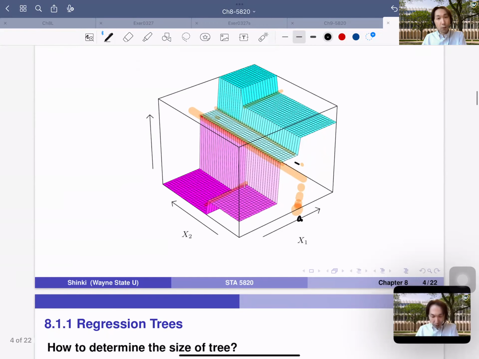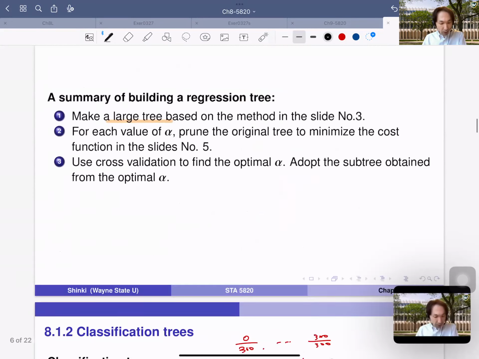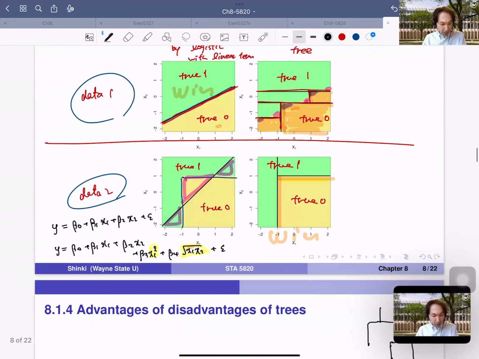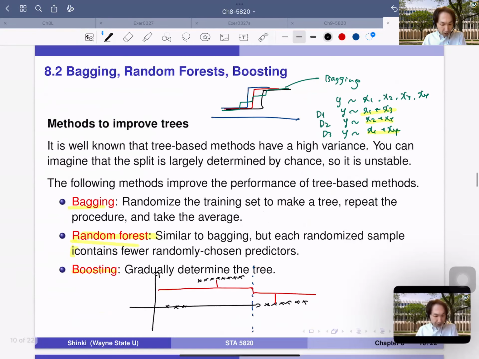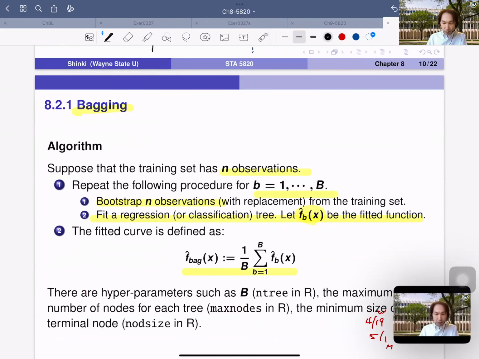We would like to have a smoother curve, with more gradual steps. So that is the idea of random forests or bagging. Bagging: basically we make a regression tree multiple times and take the average. Of course, if we use just the usual regression tree B times, then all trees are the same. So we do random sampling first, then we fit the regression tree, and we repeat and take the average. So that is bagging.